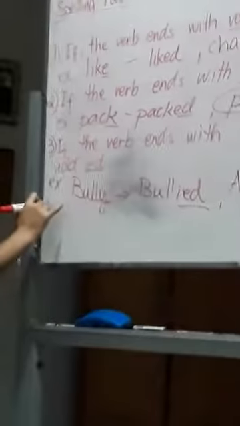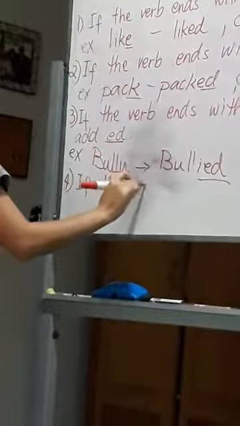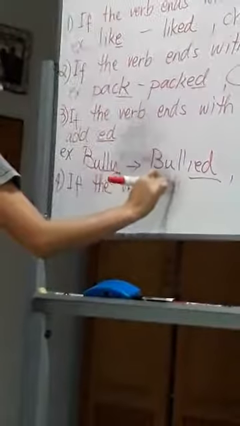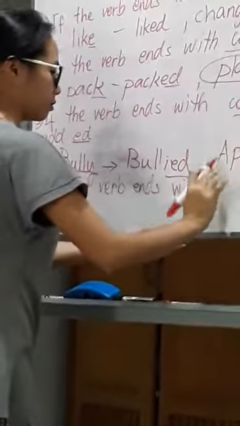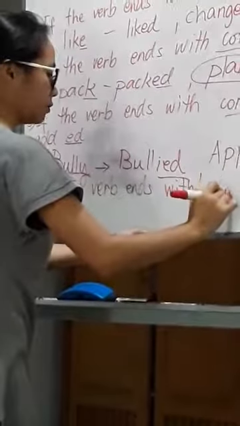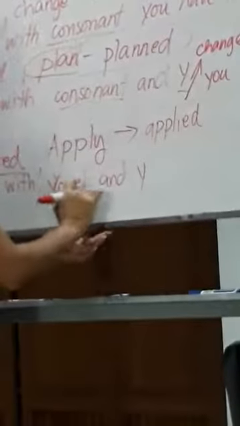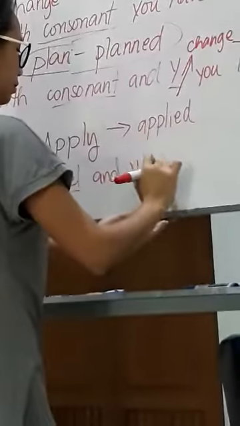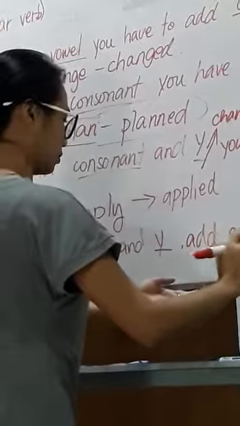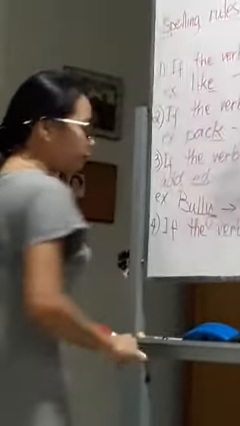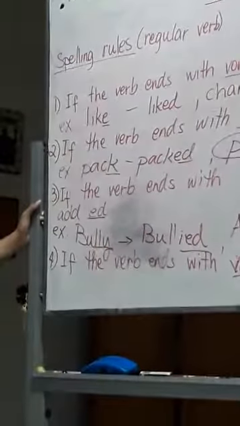Now, let's go to another rule. If the verb ends with vowel and Y, you're going to add ed.